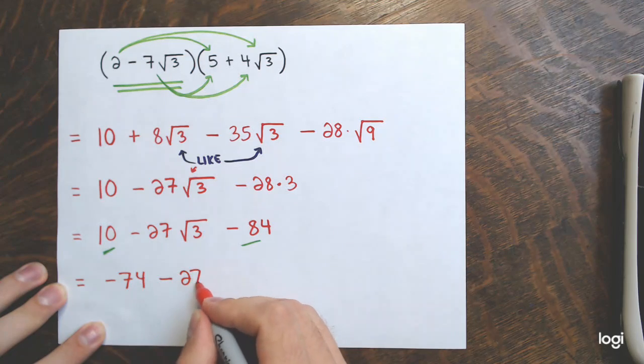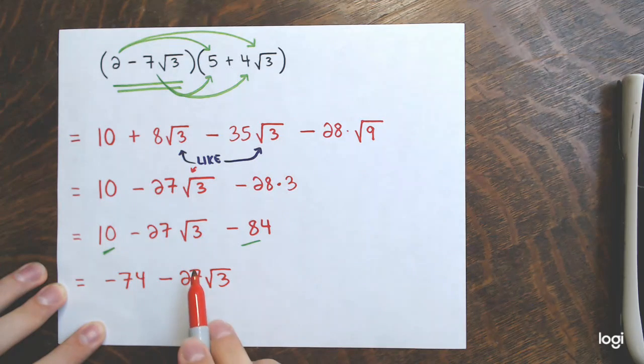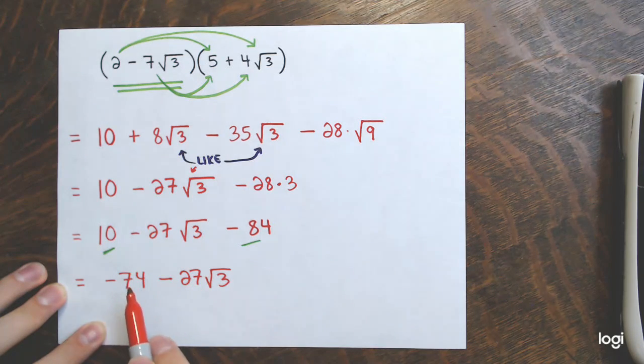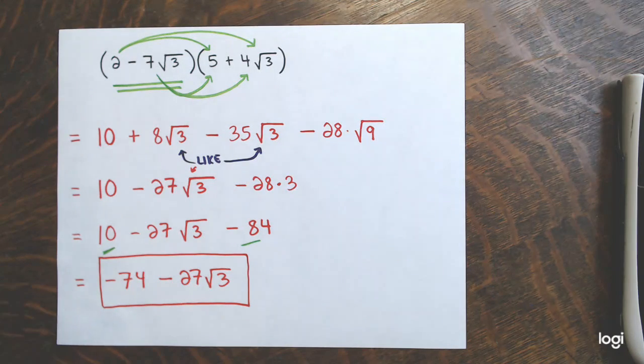Minus 27 times the square root of 3. And these are not like. This term has a square root of 3 attached to it. This term does not. So you cannot put these together. All right, that is as it's going to stay. You leave it alone. I'm done. All right. So all the radicals are simplified. All the like terms and like radicals are combined. I've multiplied and simplified. I am finished.